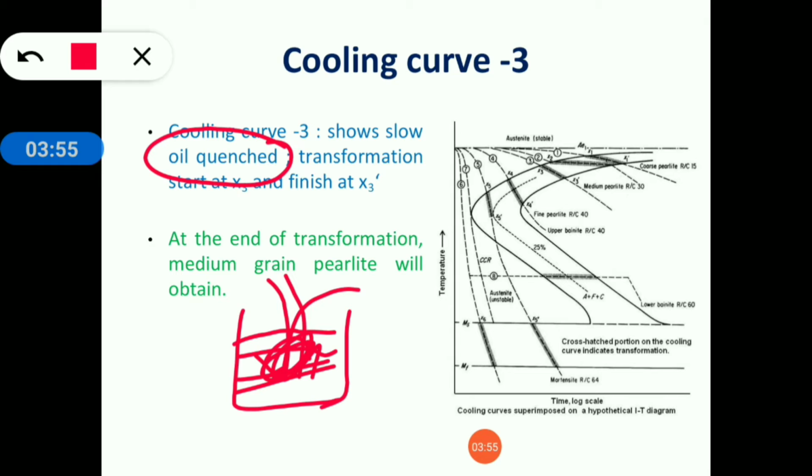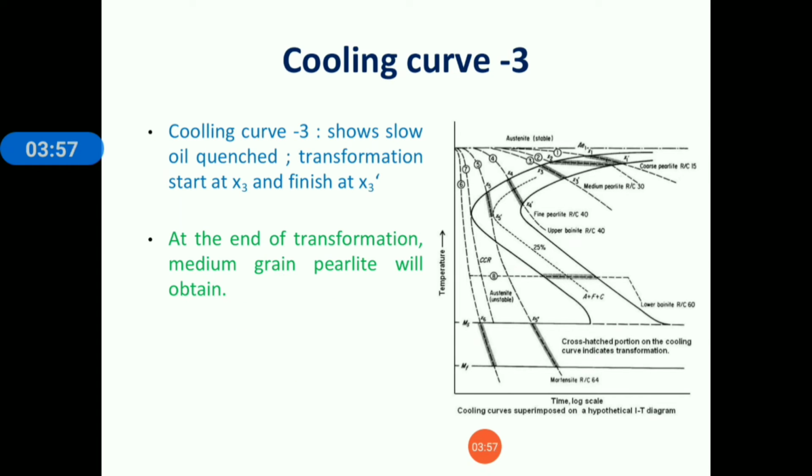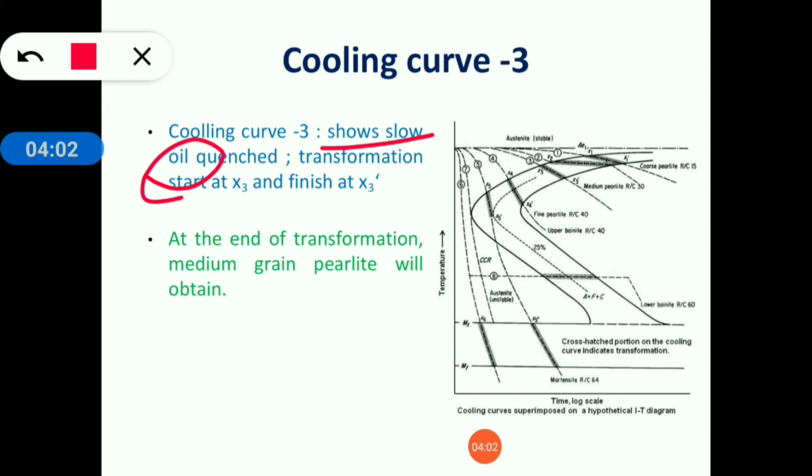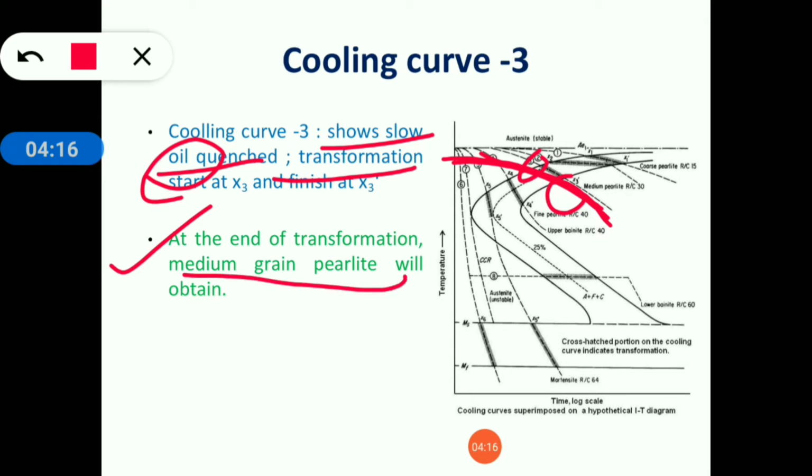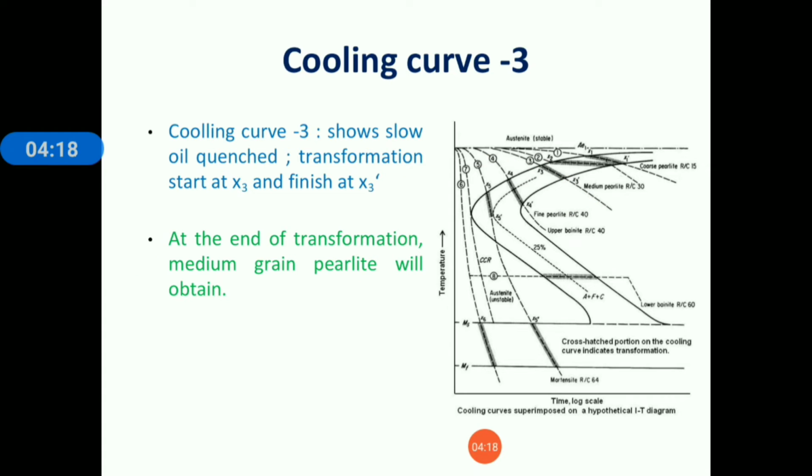So cooling is very fast in this, but the medium is oil. So it shows a slow oil quench. The transformation starts at point x3 and finishes at point x3 dash. This is cooling curve number 3. At the end of the transformation, medium grain pearlite will be obtained.